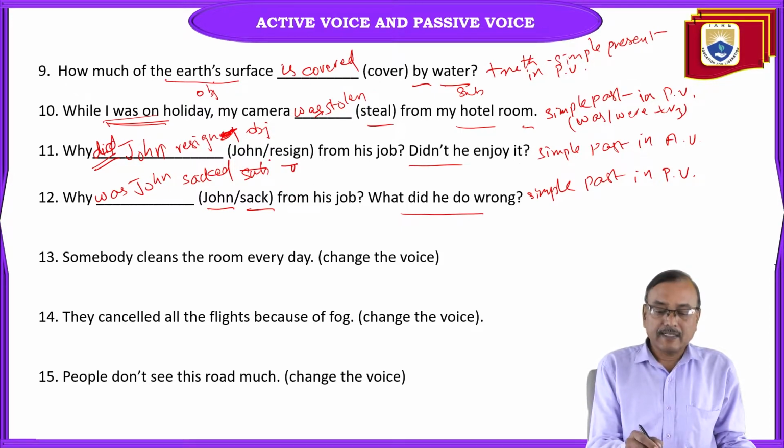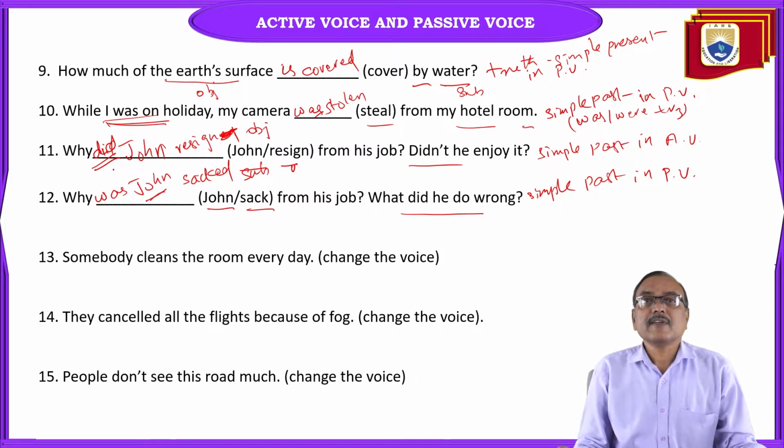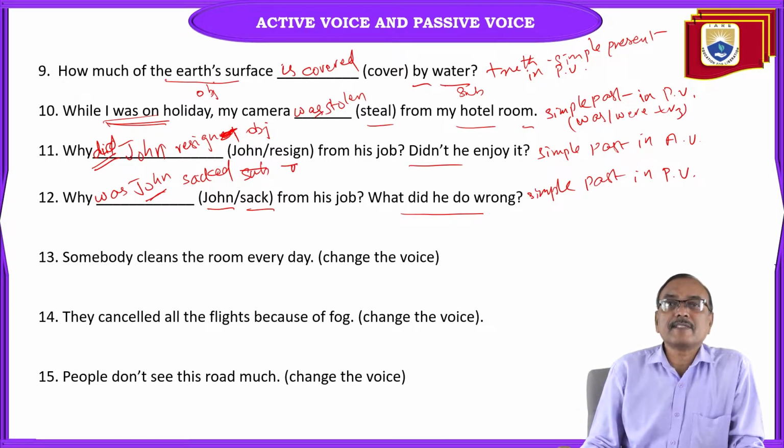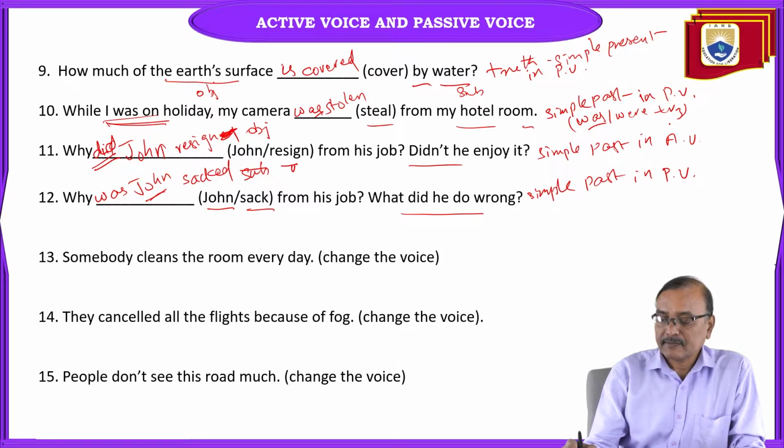So that "was" is the passive helping verb. Bring it before the subject John. John is the object here. Before John, bring was. Why was John sacked from his job? Any doubt here? So what is here? Simple past, was or were V3.